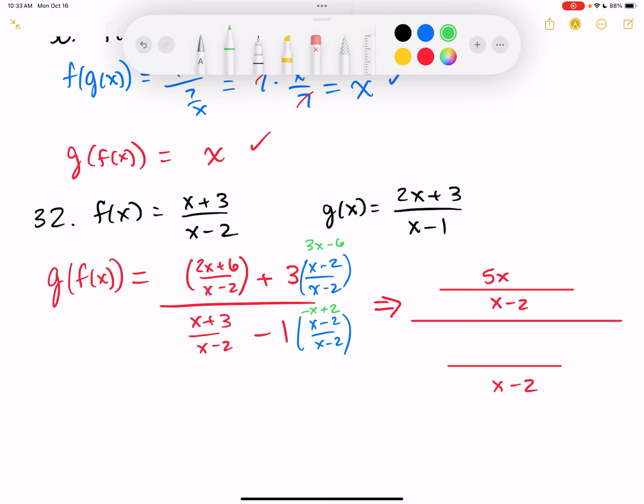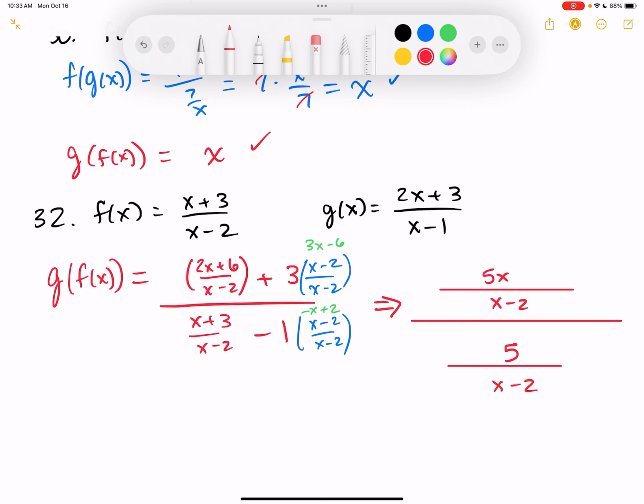So now I'm going to ignore this in the middle, and look at what's written in red on top and what's written in green on top. So x minus x, that goes away. And then 3 plus 2 is 5. So I have 5x over x minus 2 all over 5 over x minus 2.